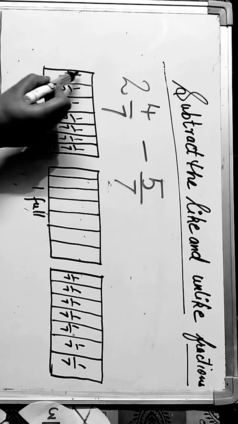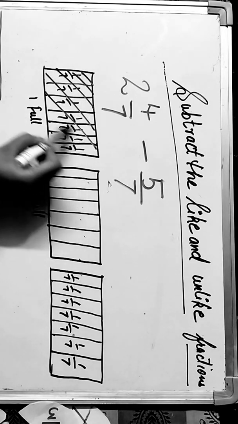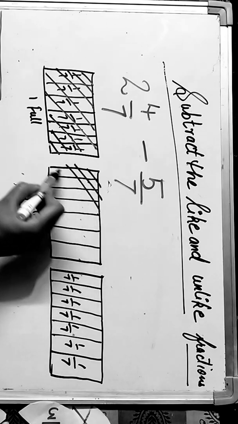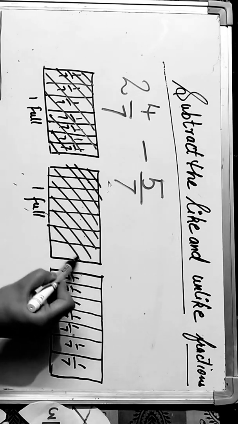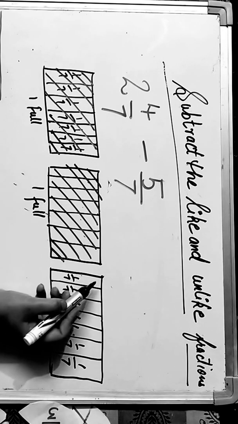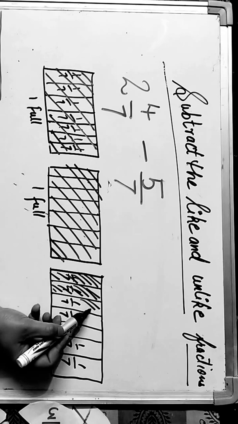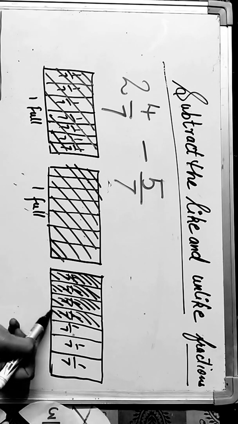I have one full chocolate, as 7 sevenths make one full. I have one more full chocolate, as 7 sevenths make one full. I have again 1, 2, 3 and 4 sevenths.